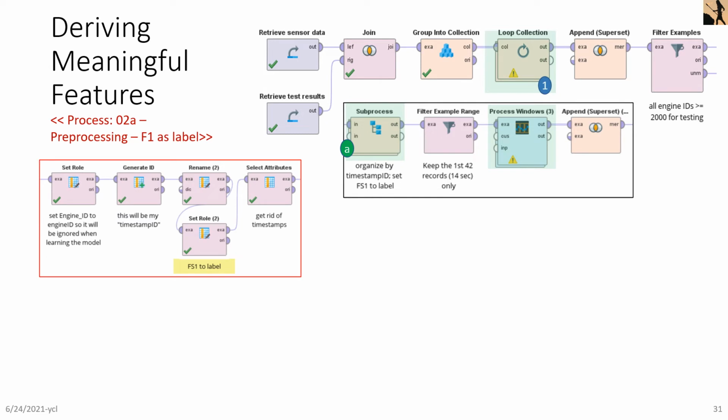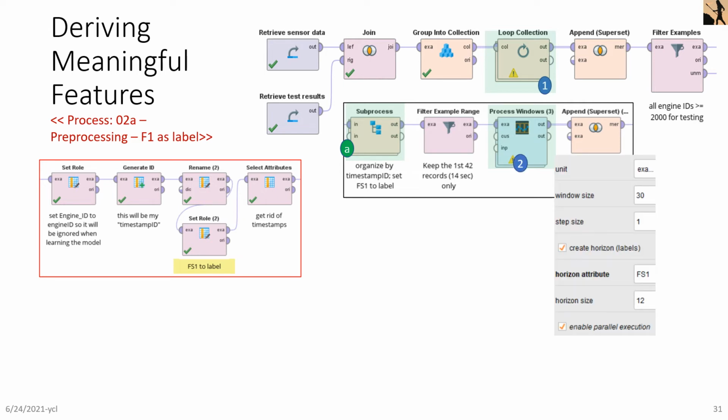As you can see here, we set the role, then generate ID and do some renaming, and then select the attributes here. Now that needs to be done, but it's okay. The more important part is number 2 here. It's a process window, very much like what we did earlier in approach A, right?